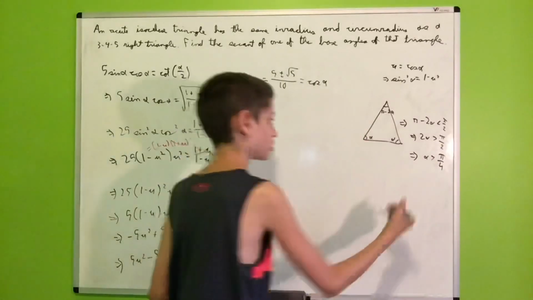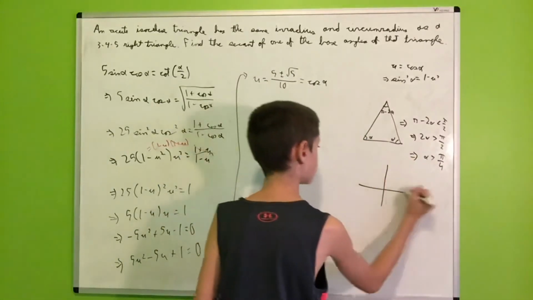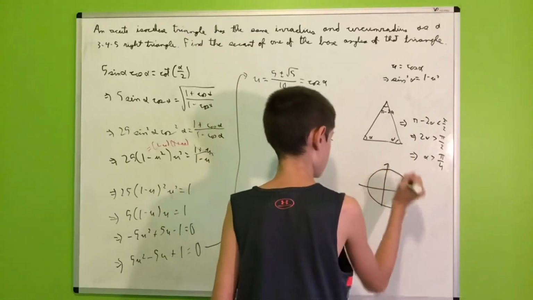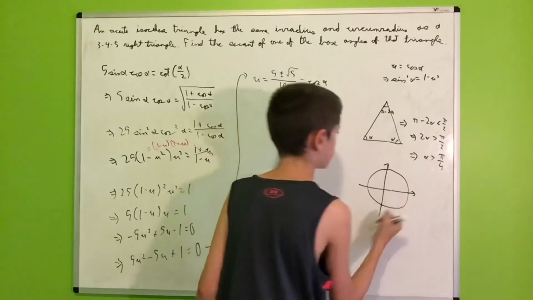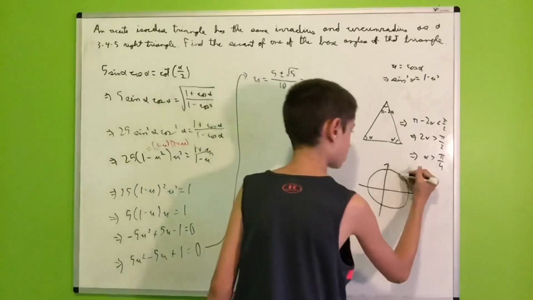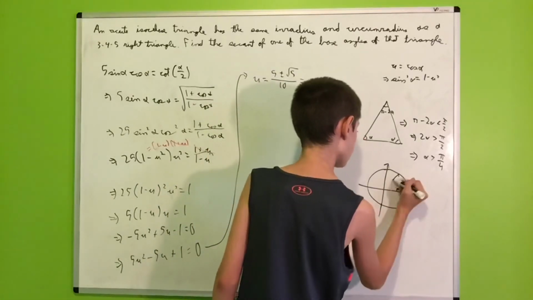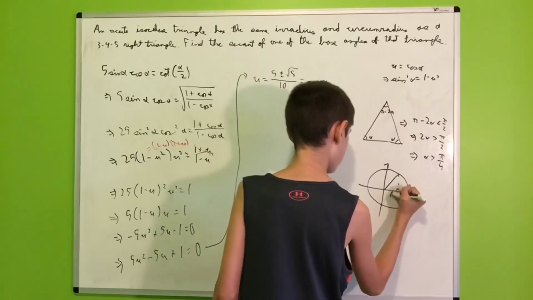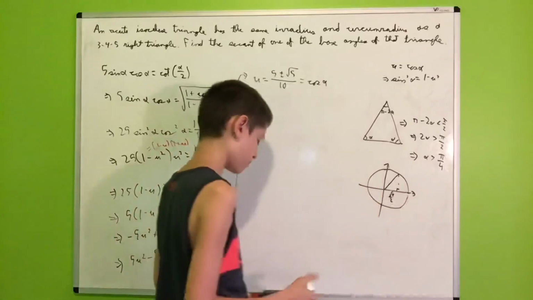And now if we take a look at the unit circle, like this, it looks more like a potato, but let's not care about that. This is our alpha equals pi over 4, so the cosine of pi over 4 is square root of 2 over 2.